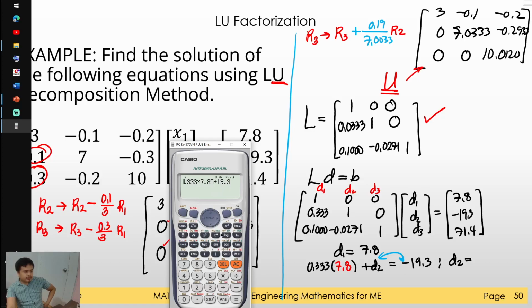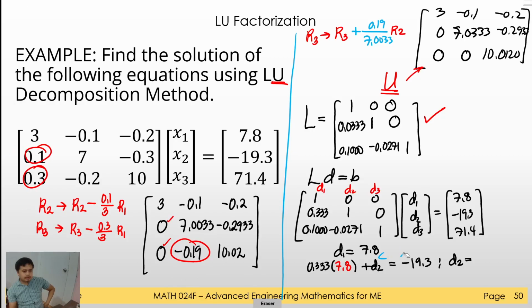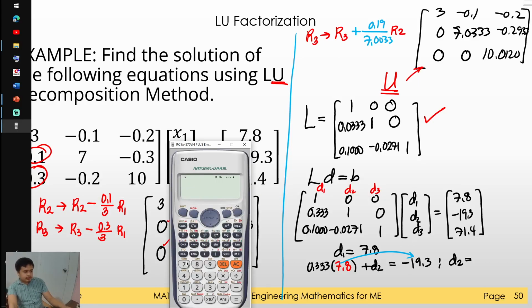Oh, sorry, negative pala to. We did this wrong again. To transpose this one to the other side, we have negative 19 minus 0.333 times 7.2. Okay, negative 21.8974. I think I have something wrong here. Just check.